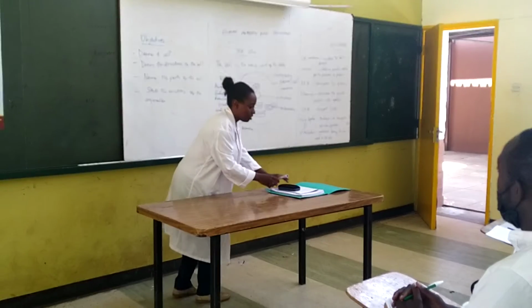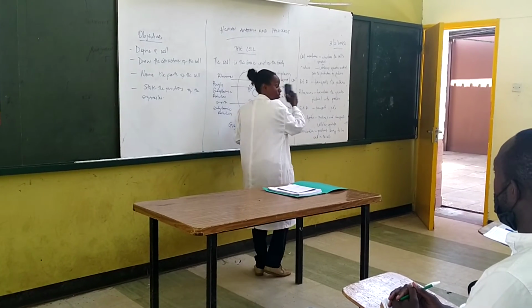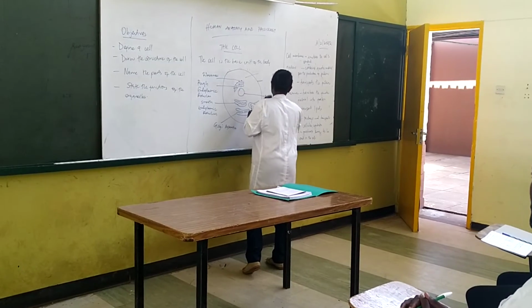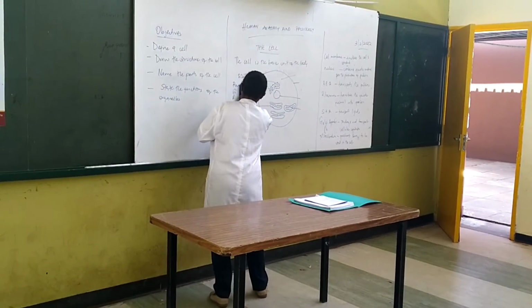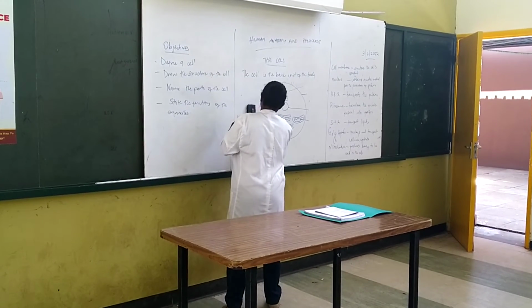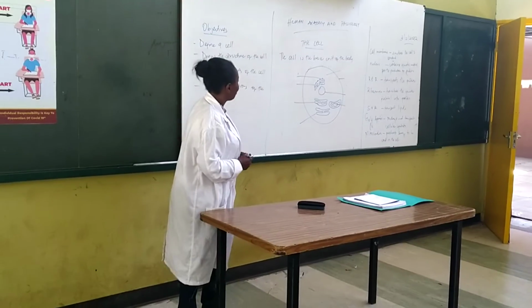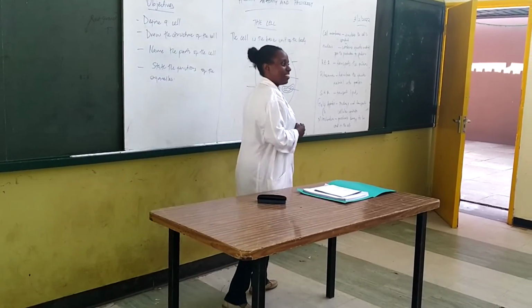Now, we shall do a very simple exercise as I try to understand whether you have gotten the things that we have just learned. So we are just remaining with the parts.